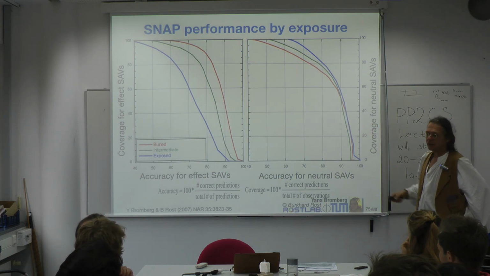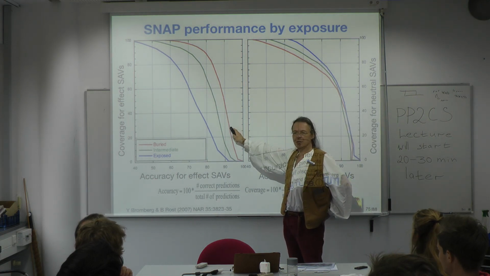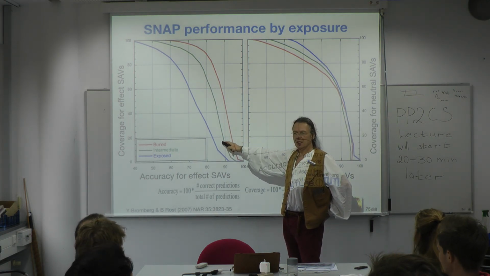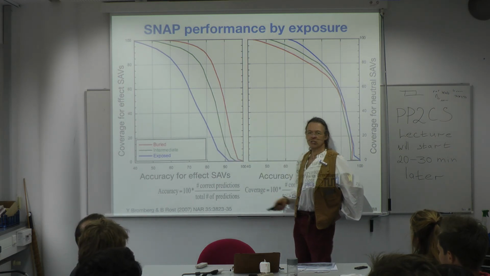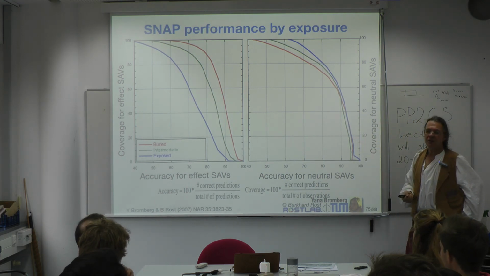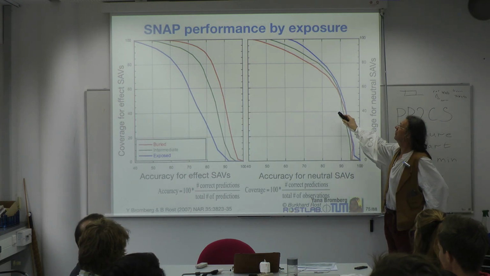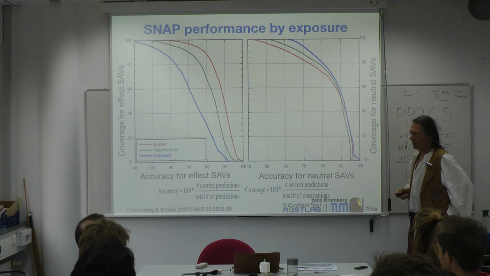So for buried, the prediction is more accurate of effect for the model for buried. Again, those are different models. And this model here in red works better than the one in blue. The green is just in between the two. For the neutral variants, the story is inverted. Now the red works slightly worse, and the blue, the exposed part, works best.